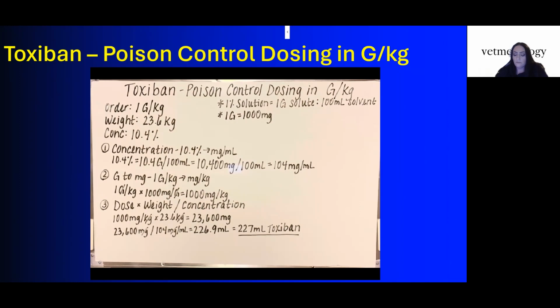Now we can go ahead and calculate dose times weight divided by concentration. So 1,000 mgs per kg times 23.6 kgs gives us 23,600 milligrams. 23,600 milligrams divided by 104 mg per mil gives us 226.9 mils or 227 mils of toxaban.